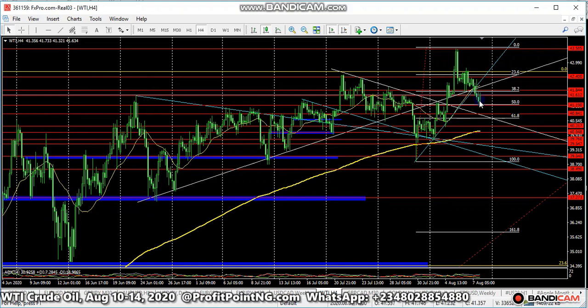So in my opinion, one can resume a bullish bias at this point, with a view to having a re-entry at a lower level, the 618 Fibonacci retracement level, such that if you enter at this point on Monday and it goes against you, a good place to re-enter will be the 618 Fibonacci retracement level, which is just around the $40.60 region.